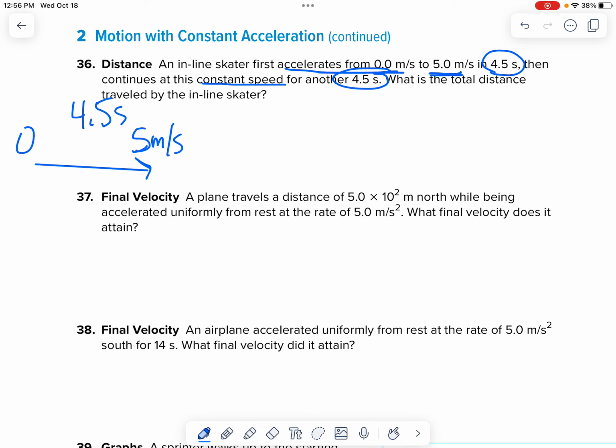Then he's going to go another 4.5 seconds at whatever velocity this is. We're going to break this into two parts because I need the velocity that he is traveling at after the initial 4.5 seconds.